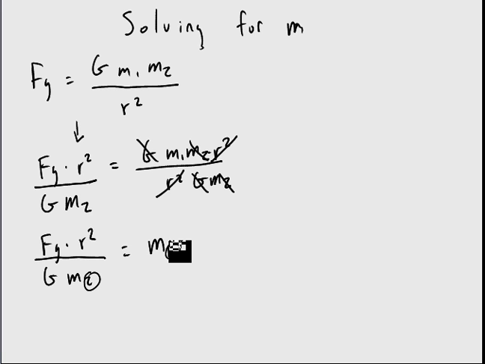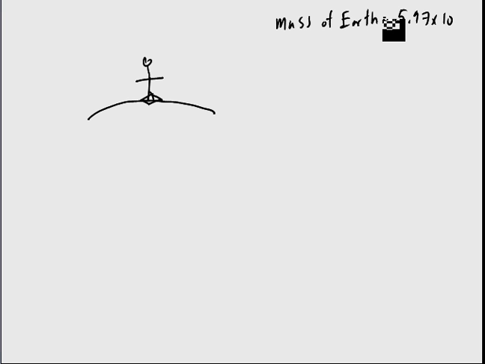So let's use this new equation in an example. So let's say we've got a person on the earth. They're standing on the scale. So we know the mass of the earth is 5.97 times 10 to the 24 kilograms.